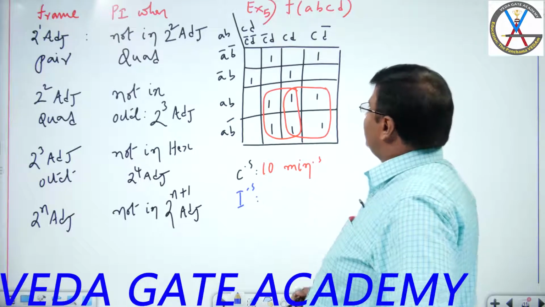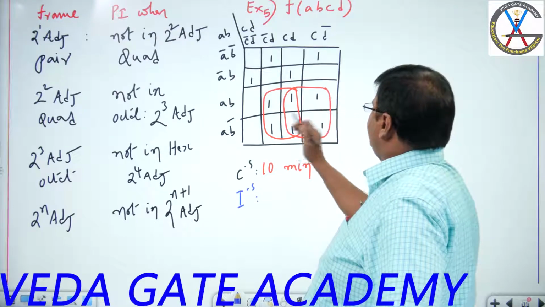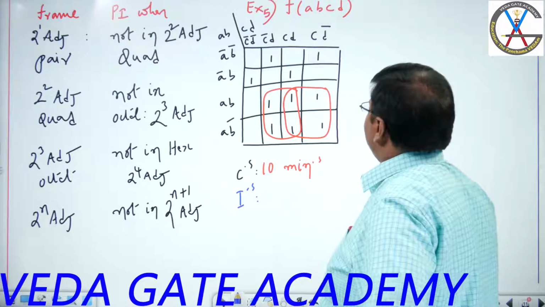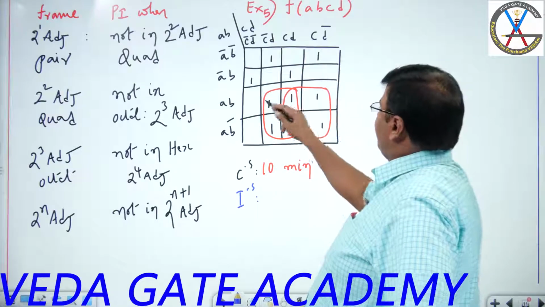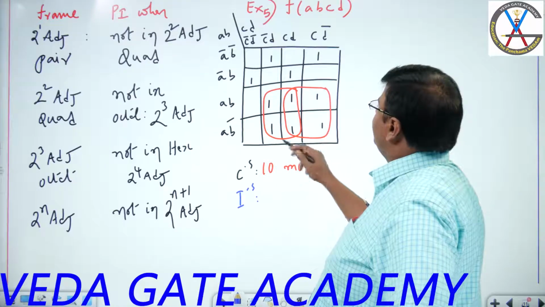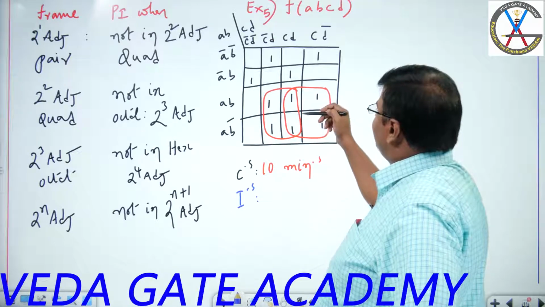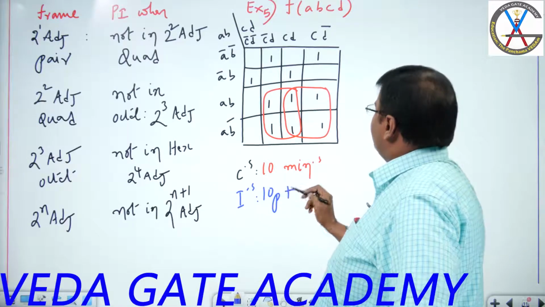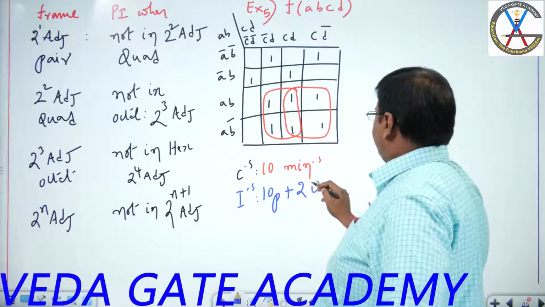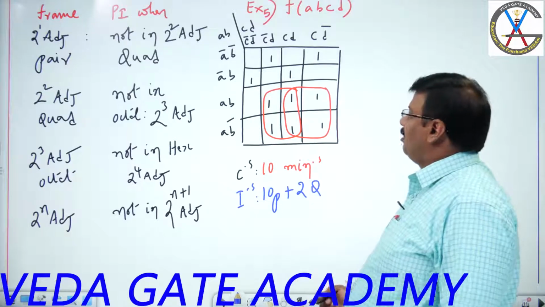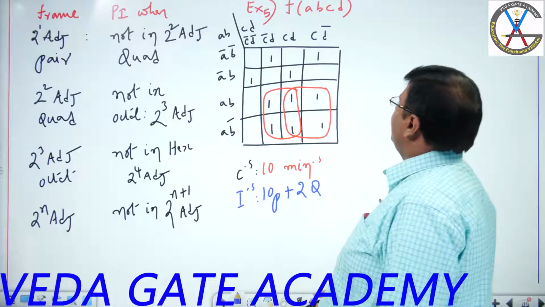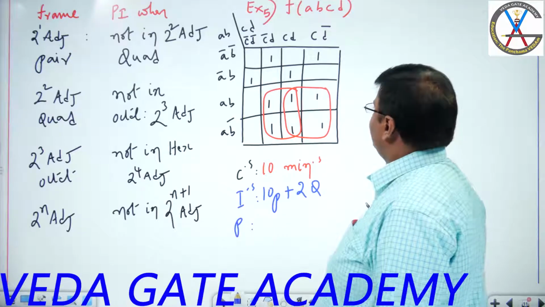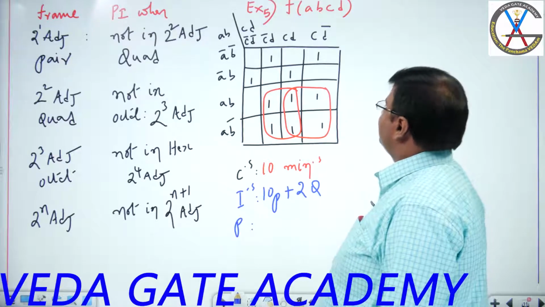Implicants: 1, 2, 3, 4, 5, 6, 7, 8, 9, and where else is 10? 1, 2, 3, 4, 5, 6, 7, 8, 9, 10. Yeah, 10 pairs, that's not an issue at all. Quads are also 2 quads. I'm talking about how many pairs are not in quads. That should be taken up. So implicants are over, 10 plus 2. Now prime implicants.